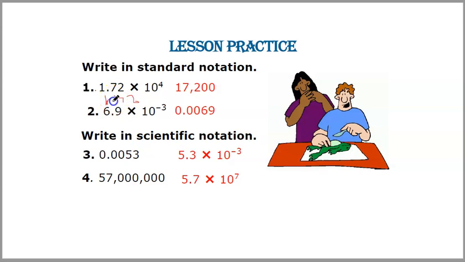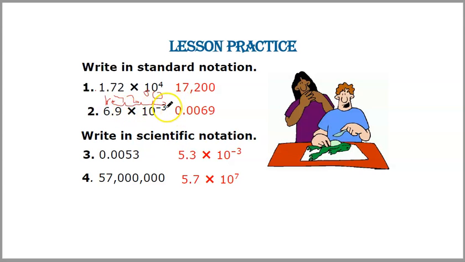So I'm going to take this, I'm going to move it right here because I only want one digit in the front, and I need to move it 4 places. 1, 2, 3, 4. So that's how I got that.